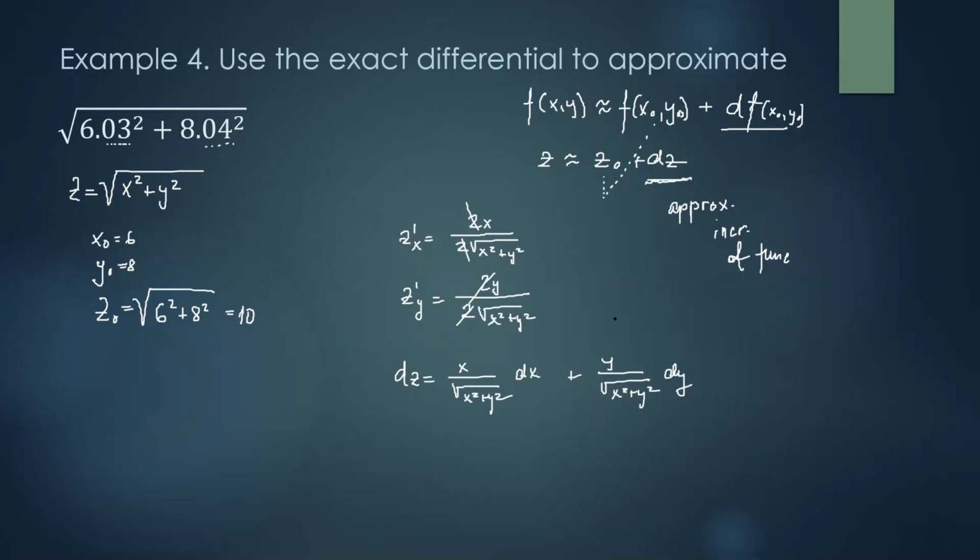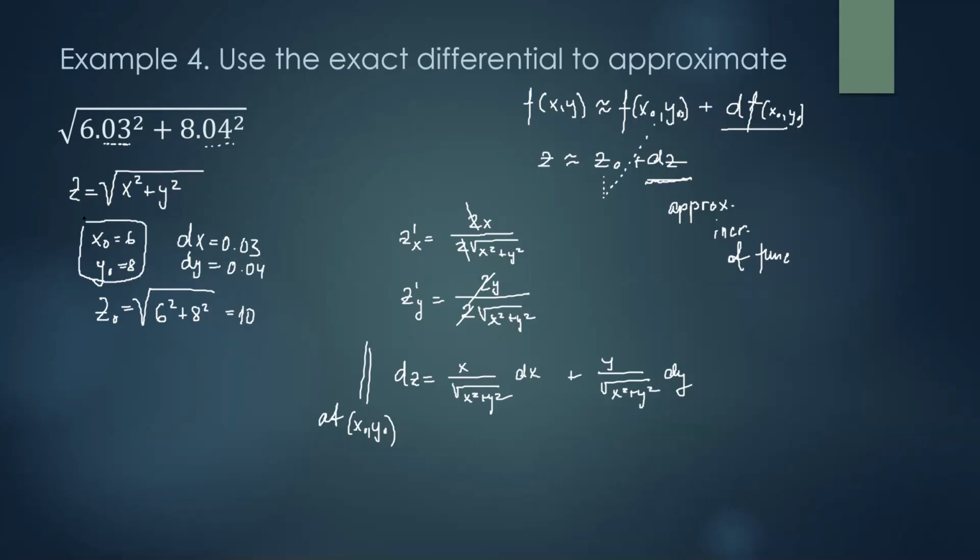We evaluate this at the point x0, y0, so for x values 6 and 8, but let's also remember that dx is actually 0.03 and dy, the increase of y, is 0.04, because we are looking at the point 6.03, 8.04. So this is only the point from which we start.